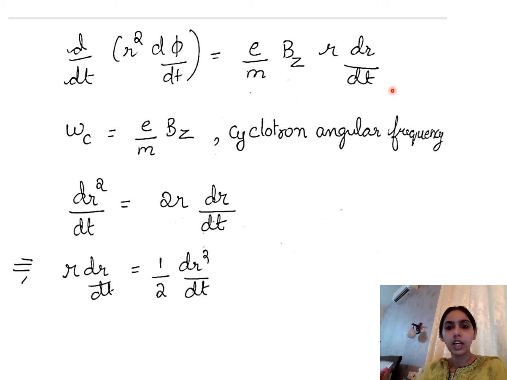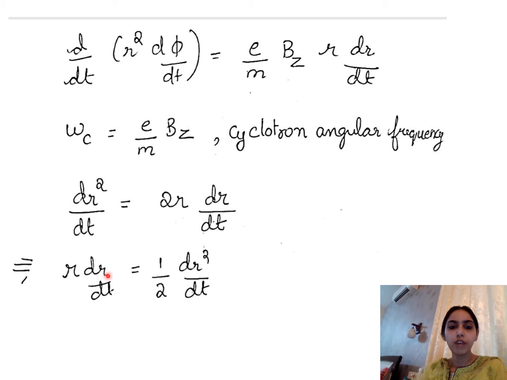Now to derive the Hull cutoff equation, we will do some modification. Instead of e by m Bz on the RHS, we substitute omega c, our cyclotron angular frequency. And instead of r dr by dt, we do a modification: d by dt of r square is 2r dr by dt.